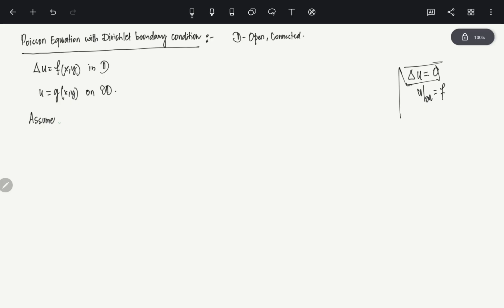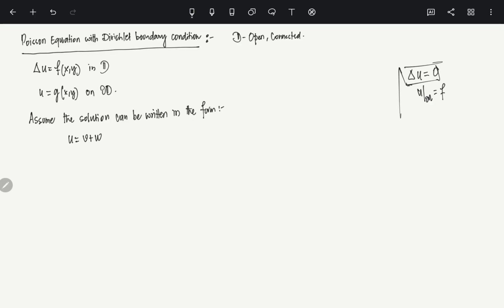So we assume the solution can be written in the form u equals v plus w.